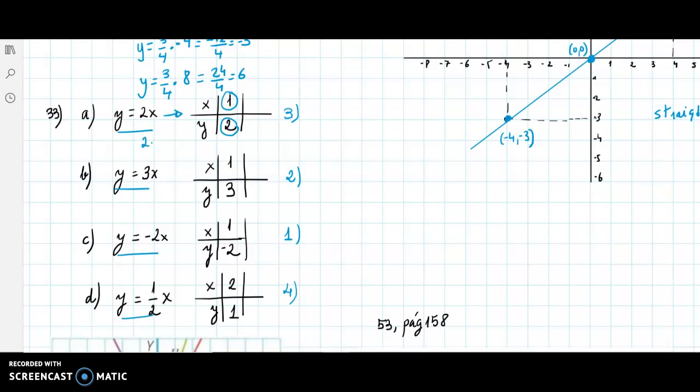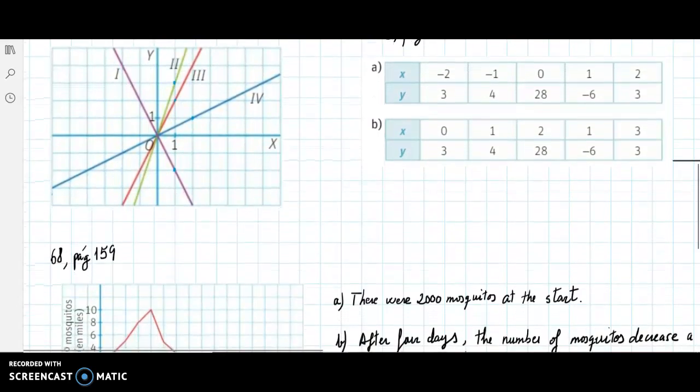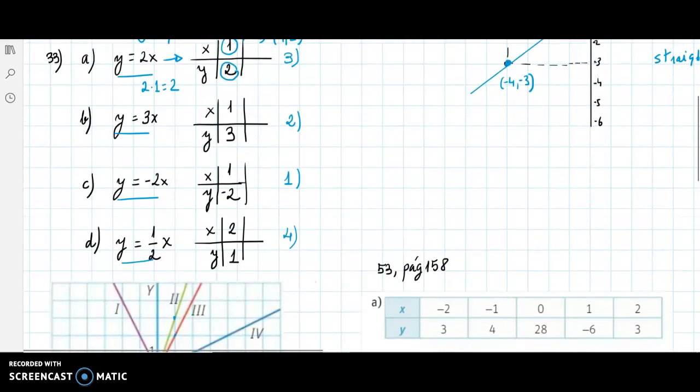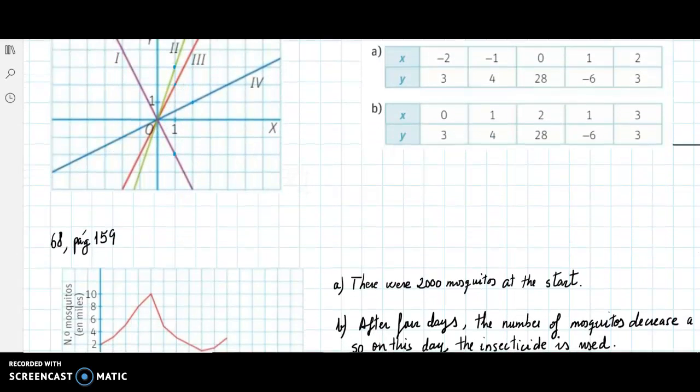So 2 times 1 is 2. When you have this point, the point 1, 2, you go to the coordinate plane and you look for that point. The point 1, 2 is here.